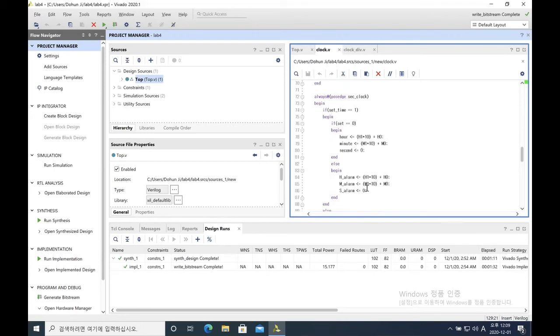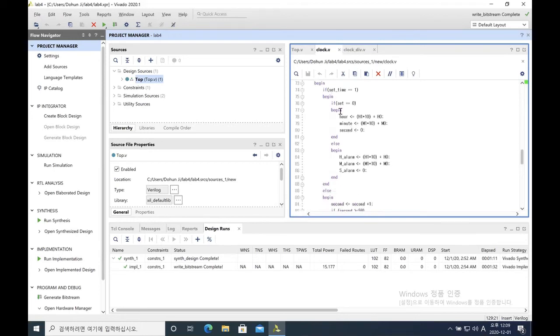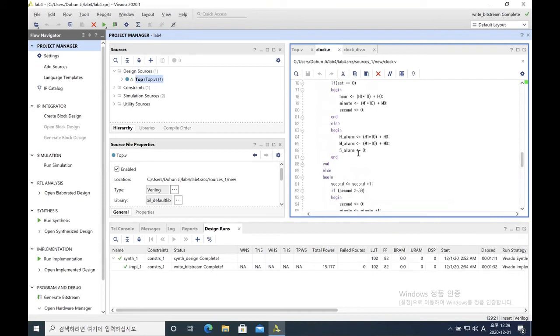So if set time is equal to 1, and if set is equal to 0, which will be equal to set time, we set our current hour, current minute, current second registers to our input values. And if set time is 1 and also set alarm is equal to 1, then we set our alarm hour and minute equal to our input values.